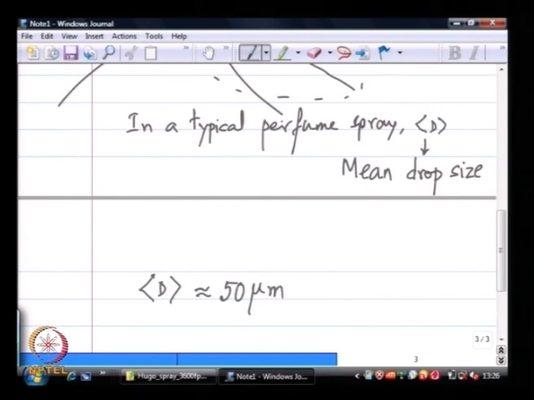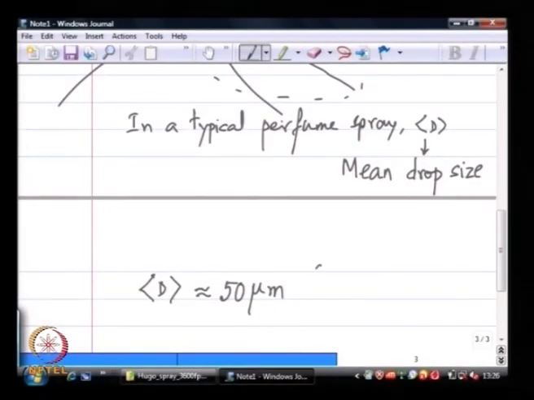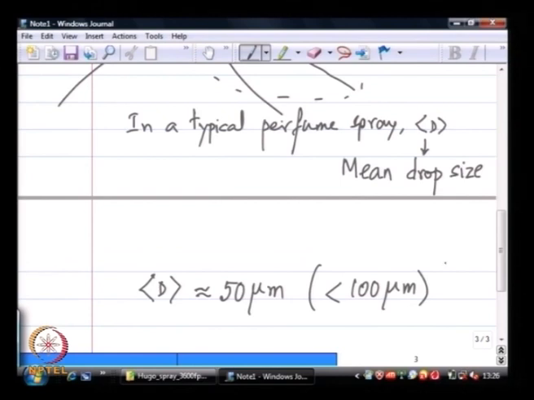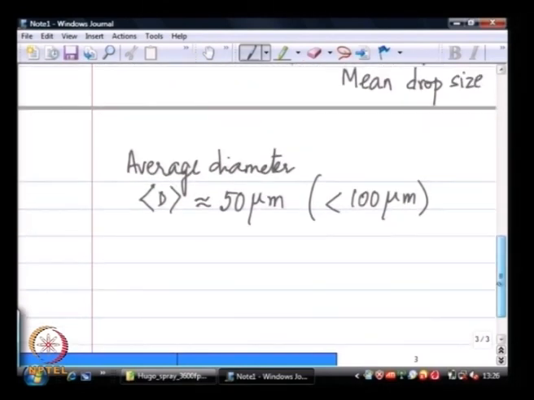That is, on average these drops are 50, let us say 100 micrometers, typically less than 100 micrometer in diameter. So, this is also called the average diameter. We will come to talk about this later on in some more detail as to what we mean by an average diameter, but let us say it is like an indication of the size of the drops.